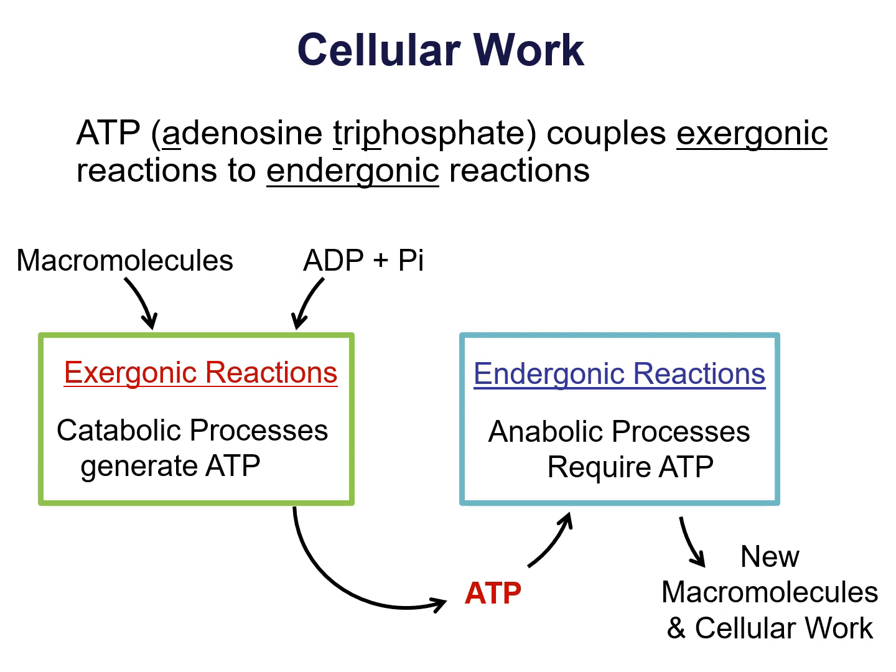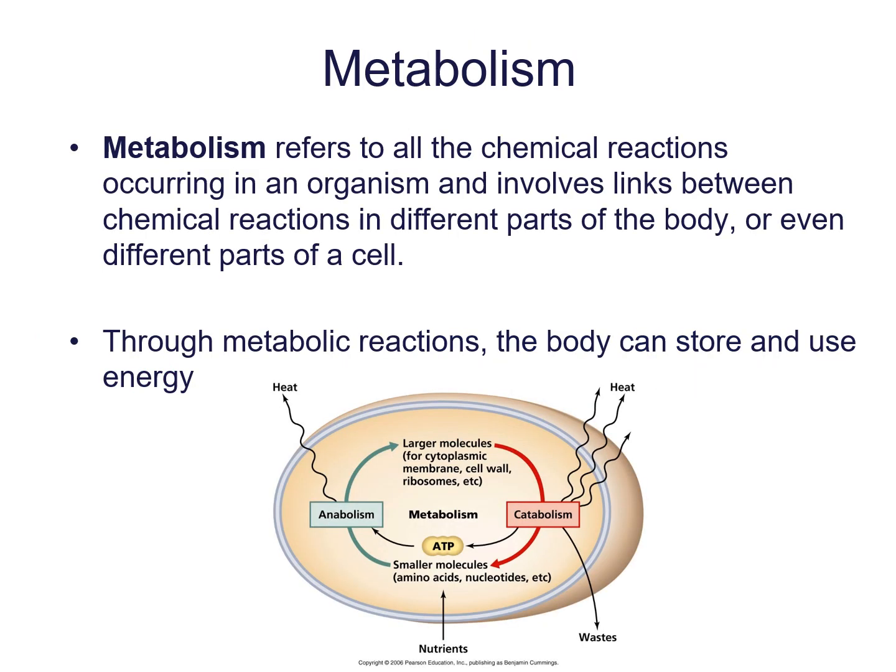And in the process, we have some energy released that can be used to build macromolecules. And this molecule, this ATP, is recycled over and over and over again. So in that process of releasing energy to fuel an endergonic reaction, the phosphate's pulled off, we're back to ADP and inorganic phosphate again. The entire set of chemical reactions that occur within a cell are known as the cell's metabolism.